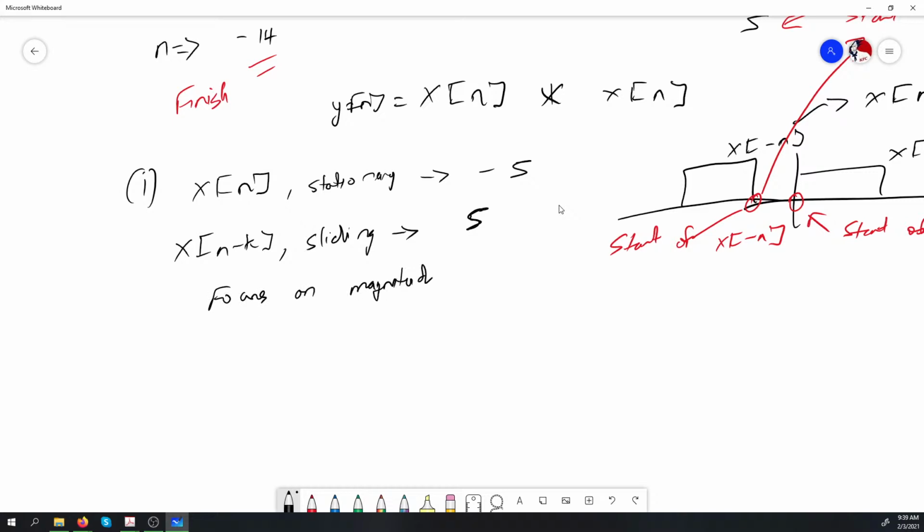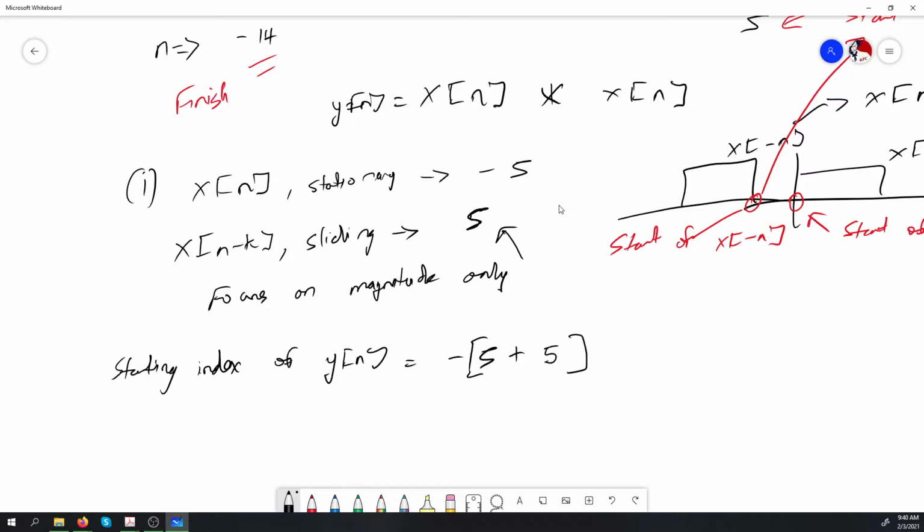So the starting index of y of n is going to be this -5, and we move that minus sign onto the outside because we're focusing on the magnitude, plus 5.